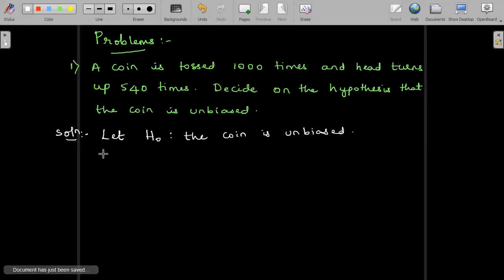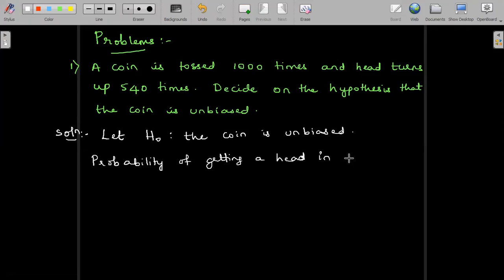With this assumption, let us now write down the probability of getting a head in one toss. Getting a head in one toss is given by P equal to 1 divided by 2.